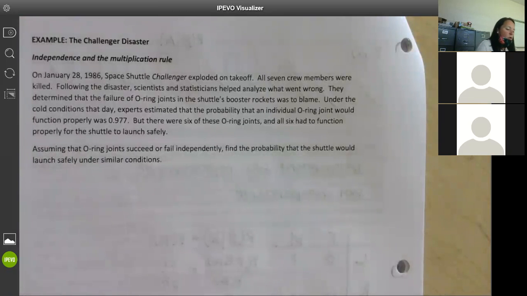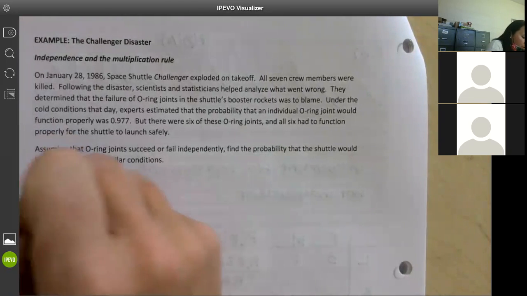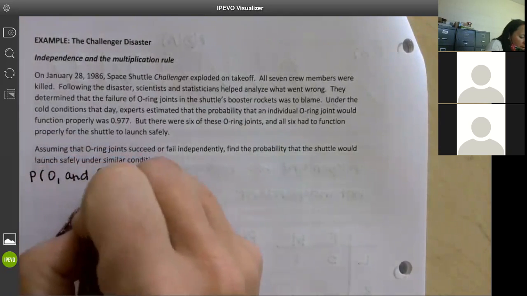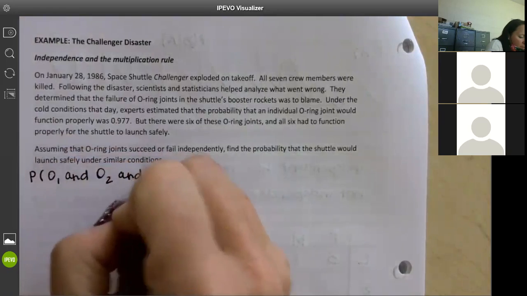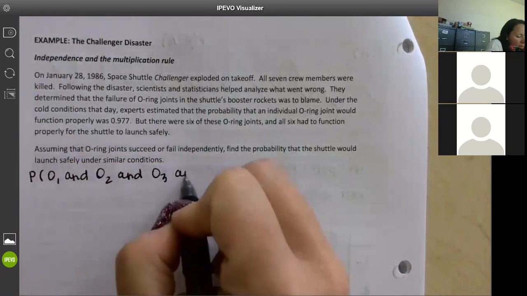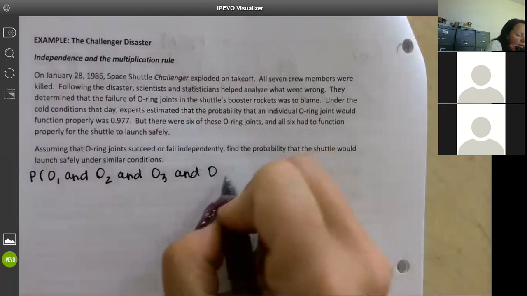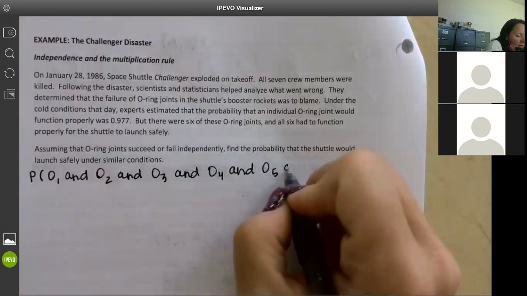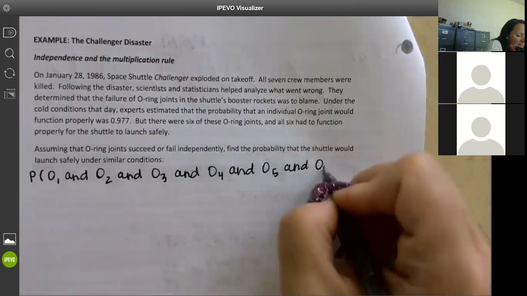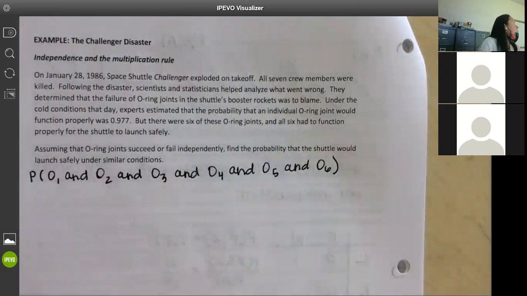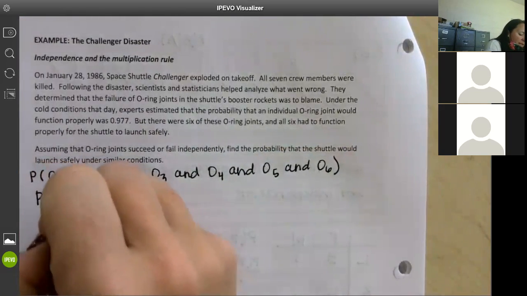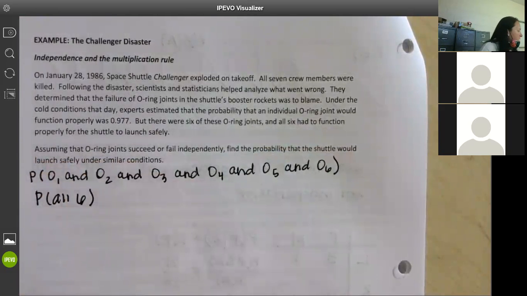So what would have to work is that O1 and O2 and O3, I know this is boring, and O4 and O5 and O6 would have to work properly. So again, we're looking for the probability that all 6 worked.